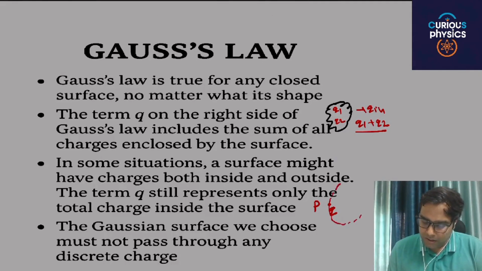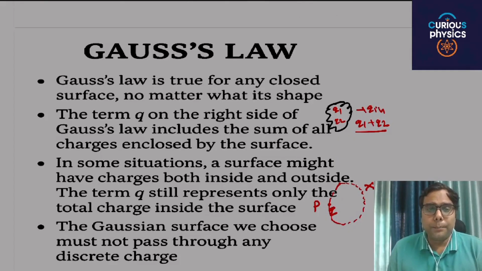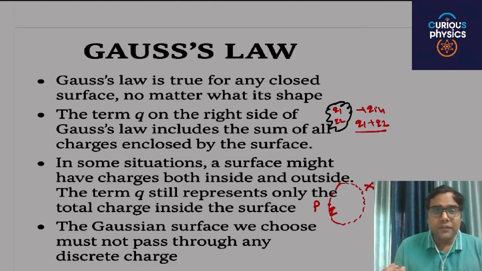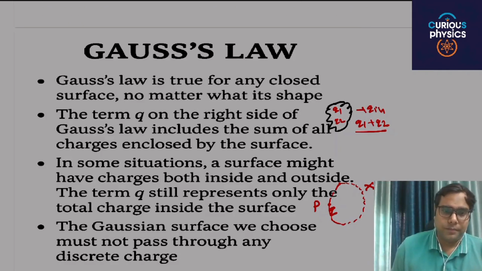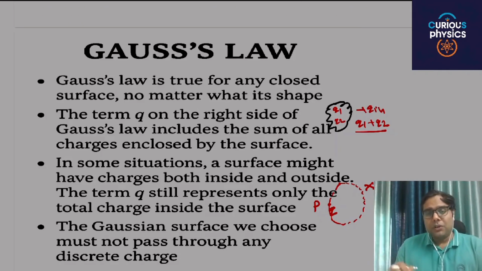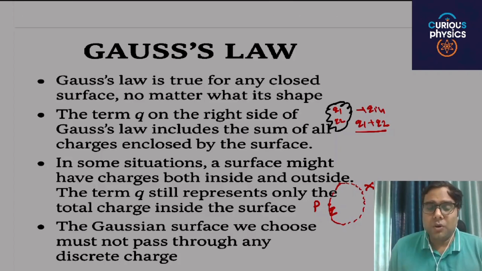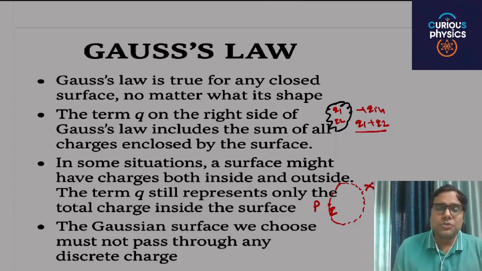This is wrong. You should not assume a surface passing through the discrete charge, because at that particular charge, according to Coulomb's law, the electric field is very large, because here r is approaching 0.